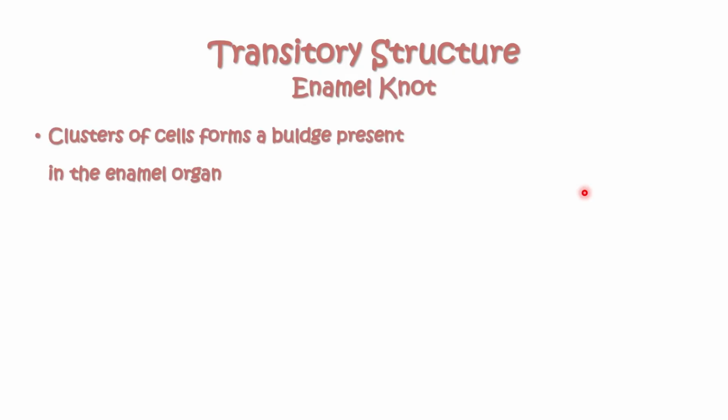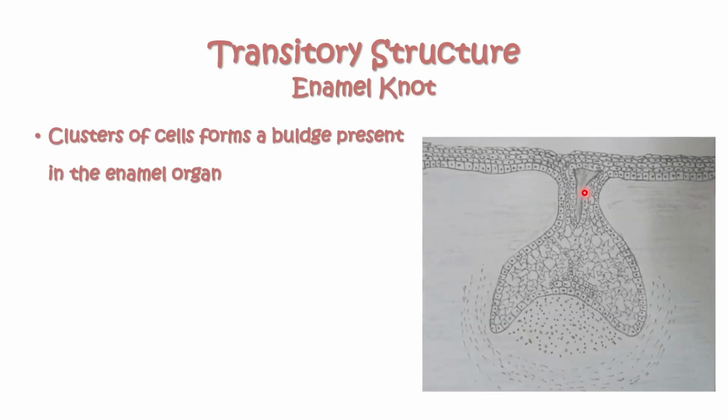Next is enamel knot. Enamel knot is a cluster of cells that forms a bulge within the enamel organ, located near the inner enamel epithelium. This cluster is present in very close proximity to the inner enamel epithelium.